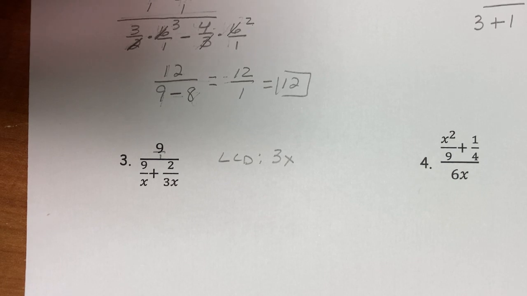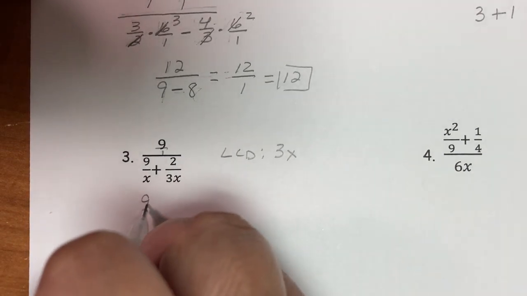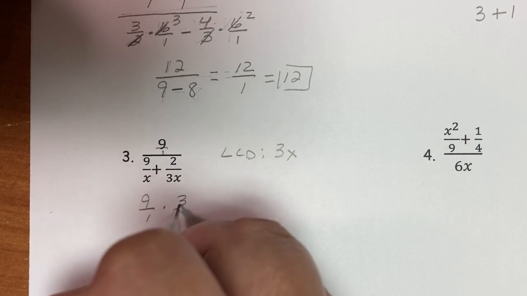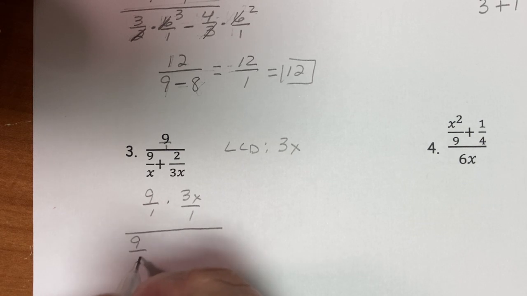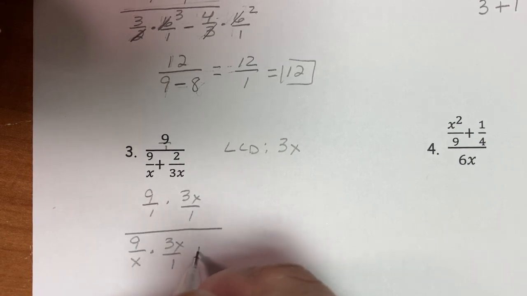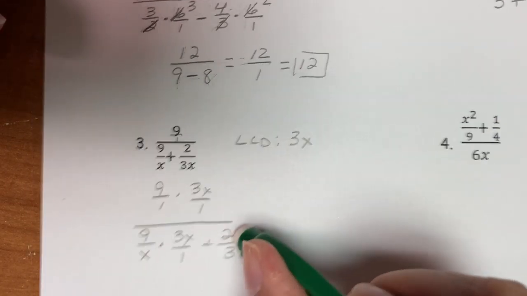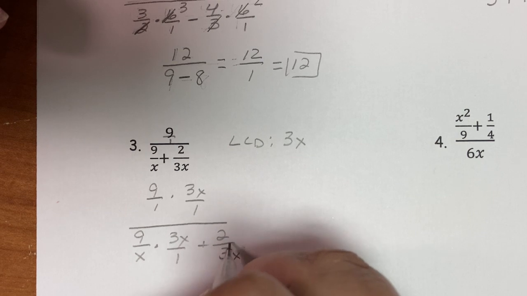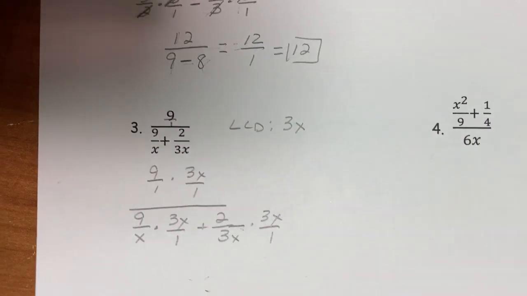Go ahead and pause this if you want to try it on your own and then come back. So that would be 9 over 1 times 3x over 1, over 9 over x times 3x over 1 plus 2 over 3x times 3x over 1.